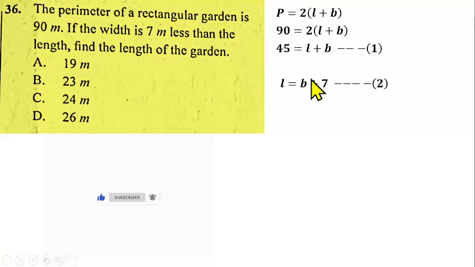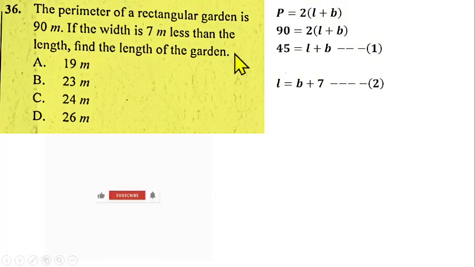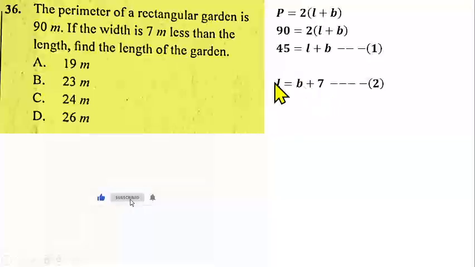The length will be the breadth plus 7, because the width, which is the breadth, is 7 less than the length. So the length will be equal to b plus 7, which is equation 2. Of course, there's another way you can solve this instead of going through this long method, but I just want to use this so that you can understand what I've done there.